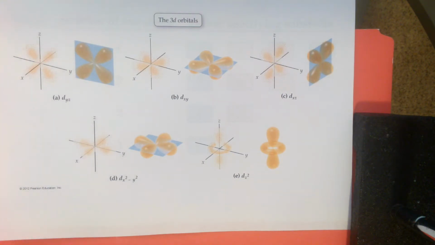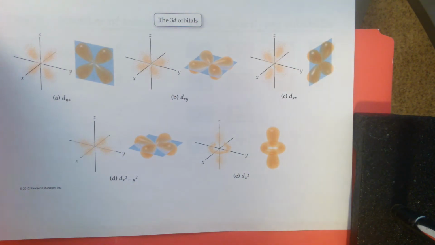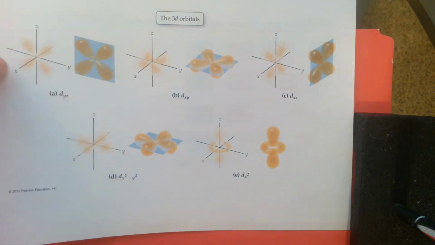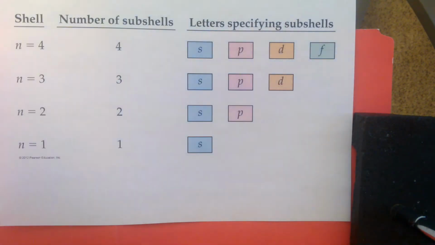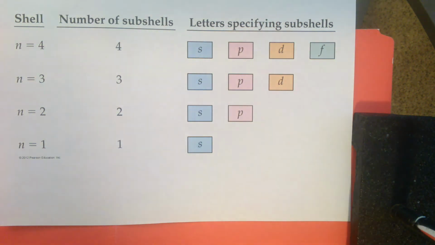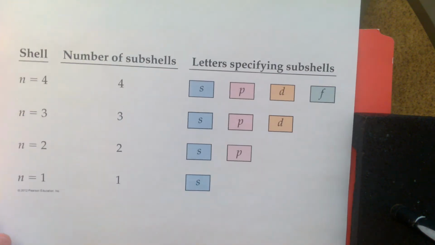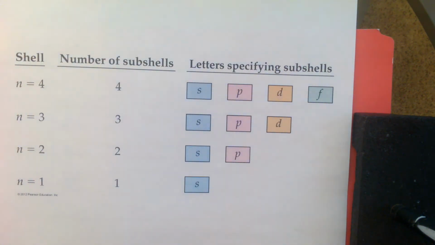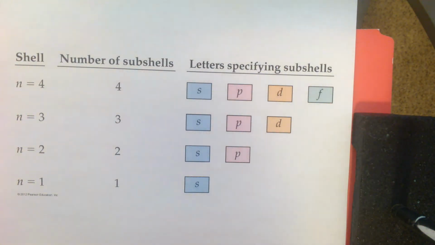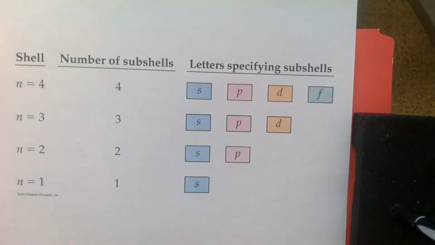And then the f orbitals, I don't have a picture of those, but they're much more complicated in shape, and there are 7 different orientations. Again, each one only holds 2 electrons. Each individual orbital only holds 2 electrons.